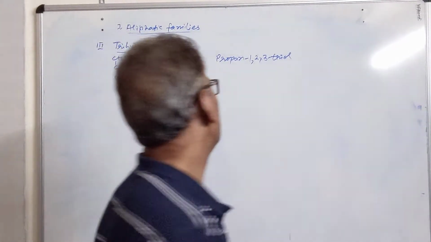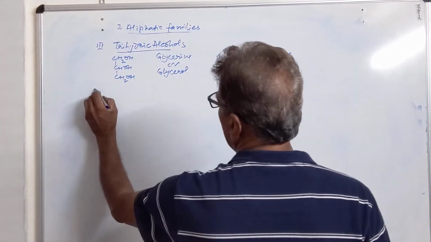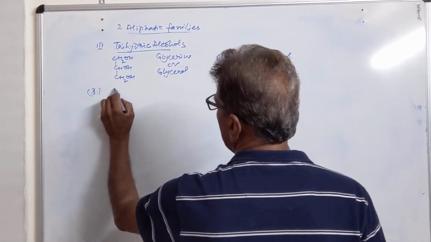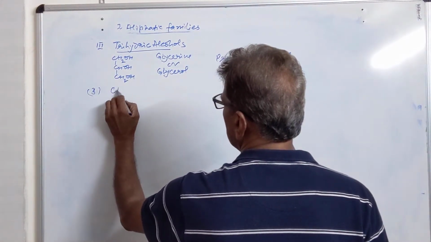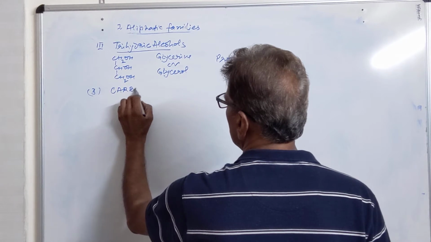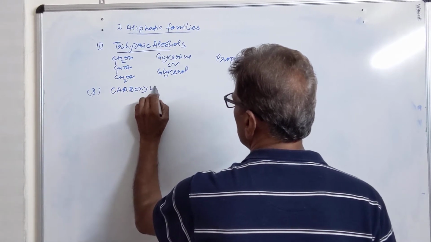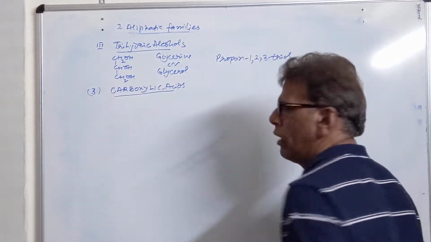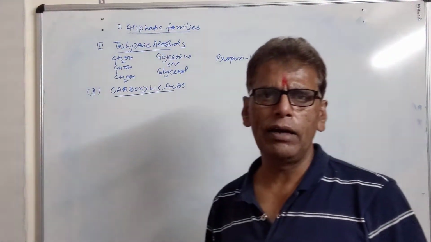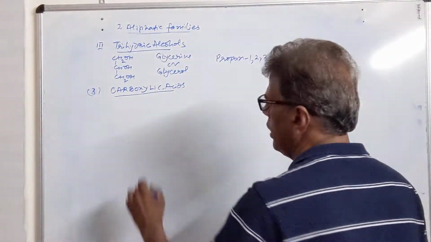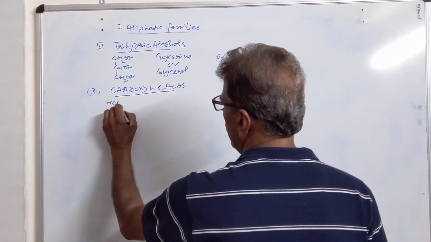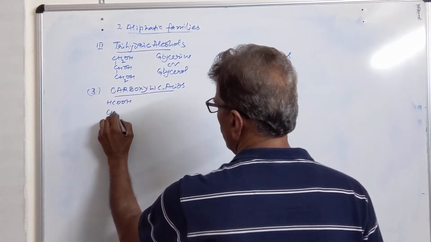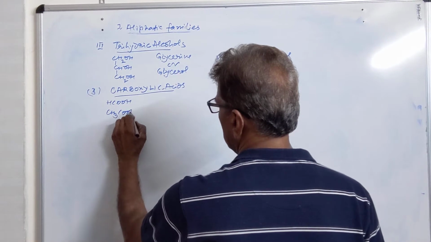Then we come to the third aliphatic family, that is carboxylic acids. They are also of 3 types: mono, di and tricarboxylic acids. First of all, we see the monocarboxylic acids.